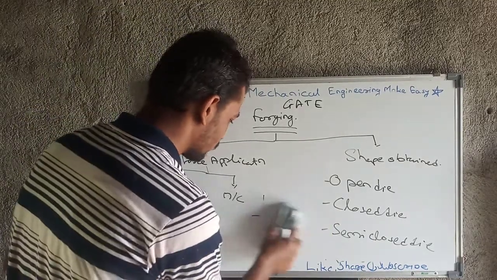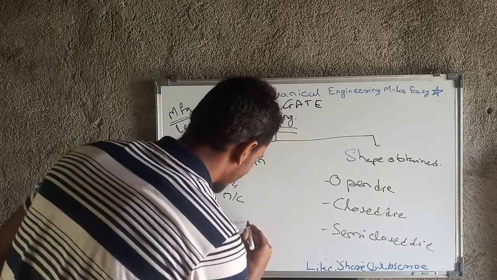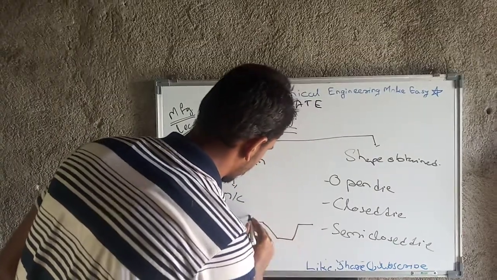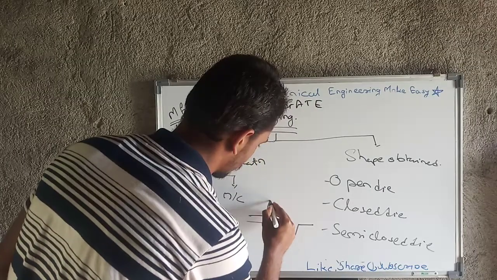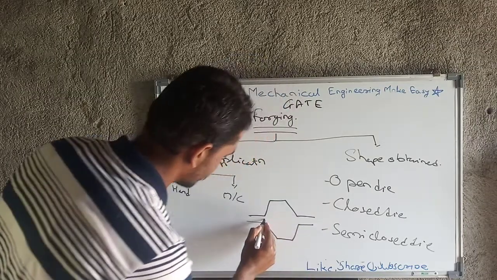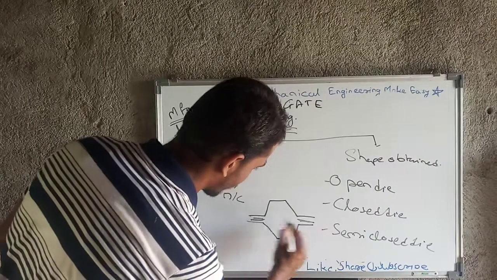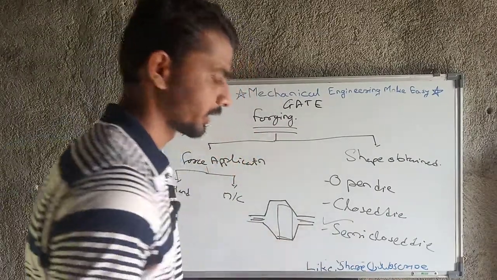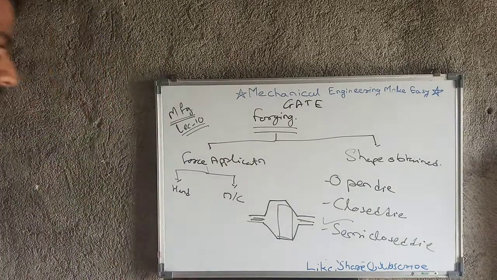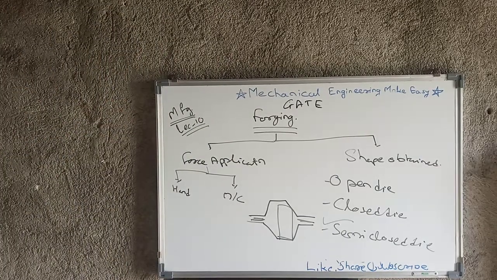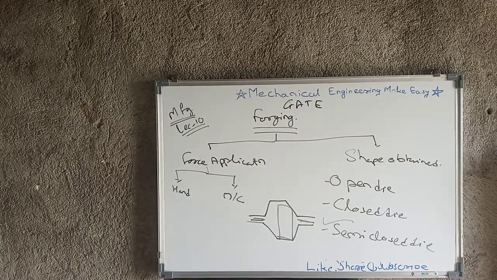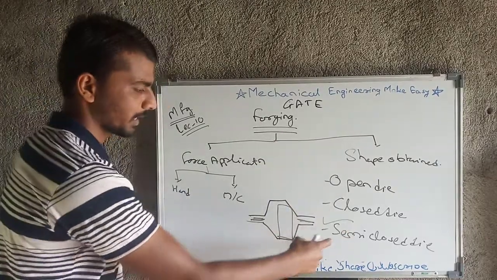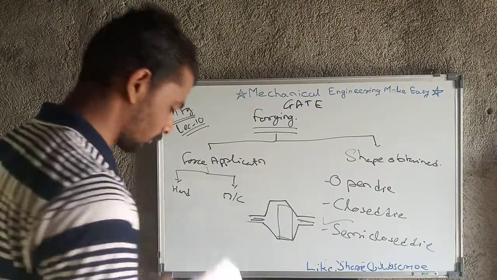And if the cavity is such that some portion of material can go outside, this case is semi closed die. So depending on the die we are using, forging has three types: open die forging, closed die forging, and semi closed die forging.